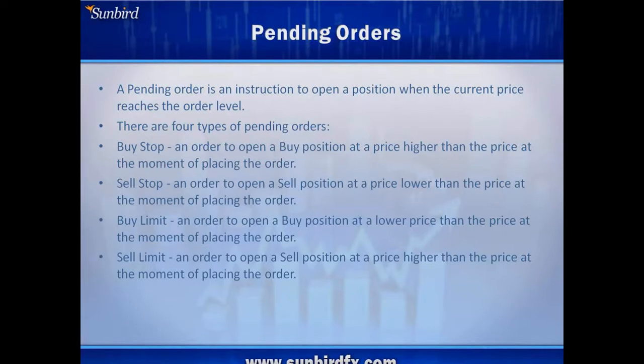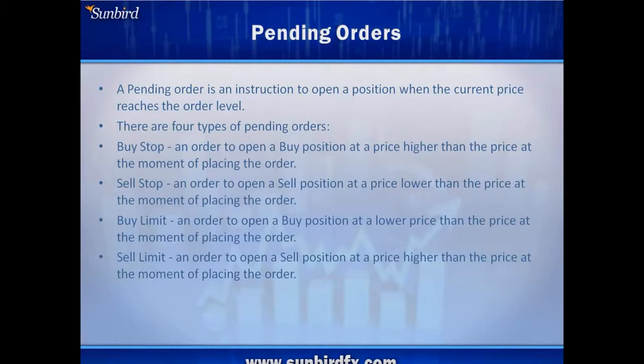Now, buy limit. What is a buy limit and what is a sell limit? A buy limit is an order to open a buy position at a lower price than the current market price. Meaning that if the current market price is 1.5 and your buy limit is at 1.2, once it reaches 1.2, you buy.